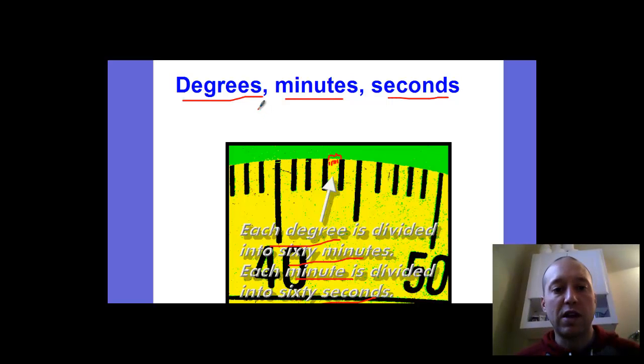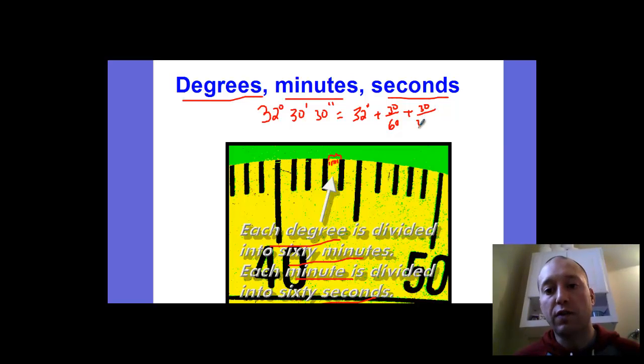So let's choose a very easy degree here. Like 32 degrees, 30 minutes, 30 seconds. And so that would be equivalent to 32 degrees plus 30 over 60, since there's 60 minutes in 1 degree. So that's like half a degree, plus 30 out of 3,600 for the seconds.